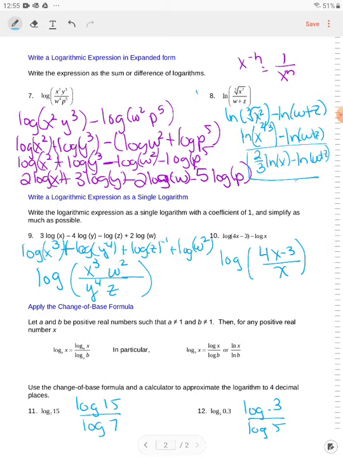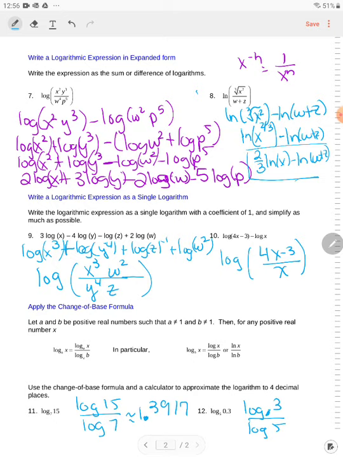Log 15 divided by log 7. Log of 0.3 divided by log of 5. So if I type that into my graphing calculator, I get log 15 divided by log 7. We'll round to 4 decimal places again. So that's approximately 1.3917.